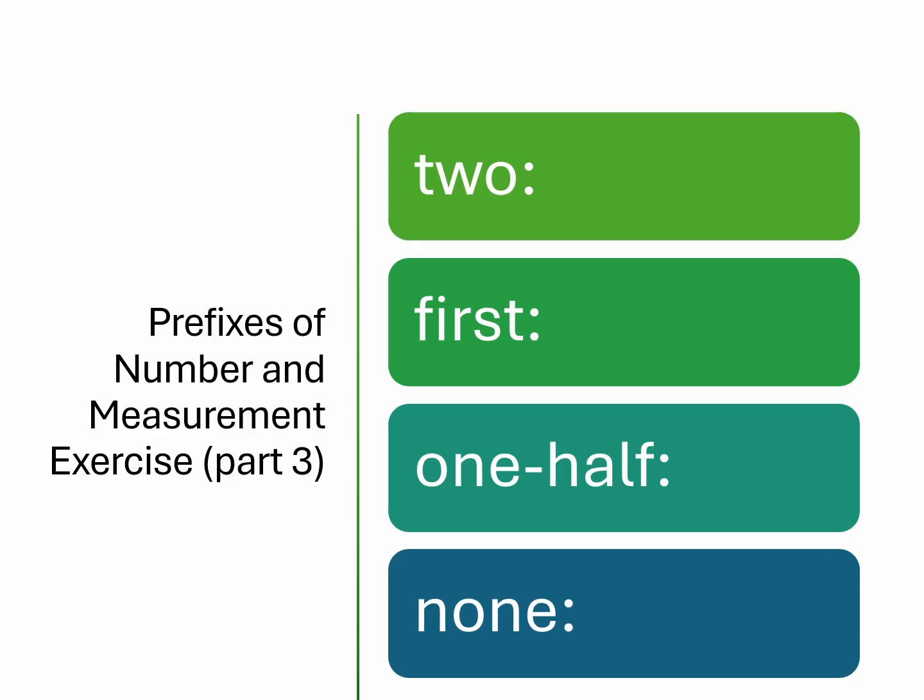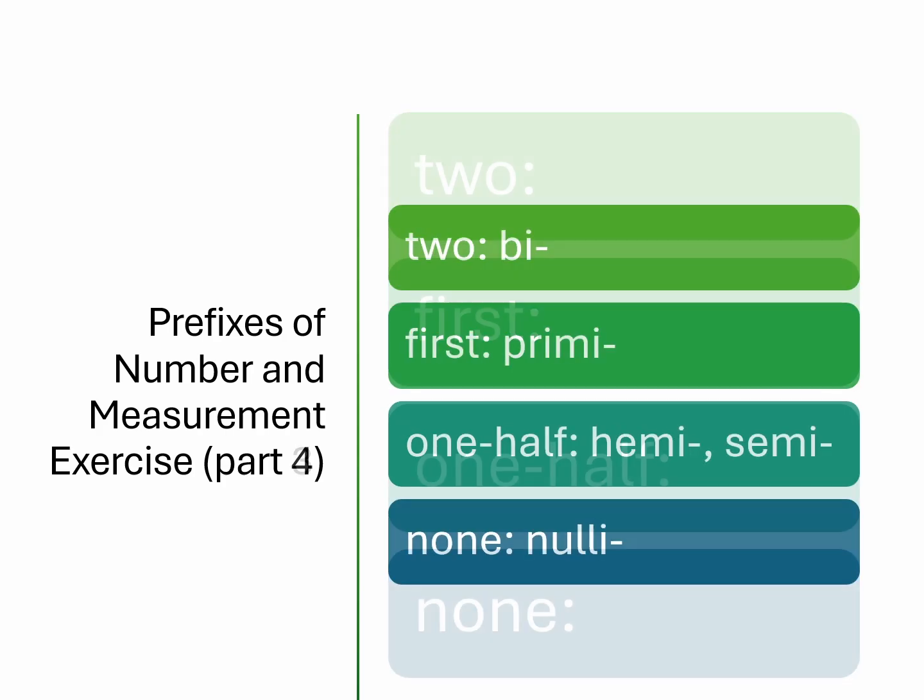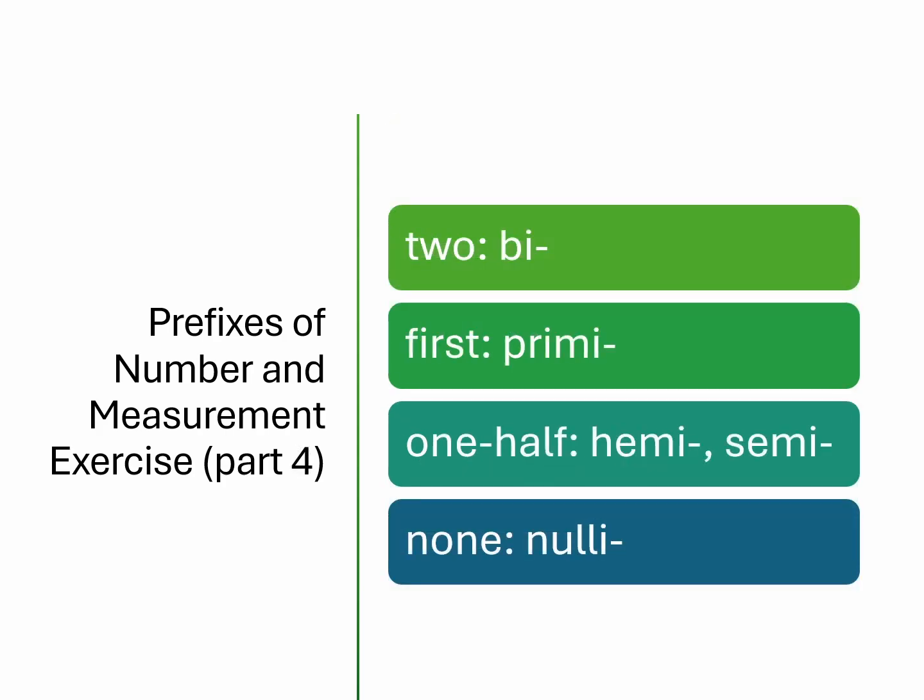In this set, we have 2, first, 1/2, and none. Two is bi. First is primi, depending on what word we're talking about. 1/2 is hemi or semi. And none is nulli.